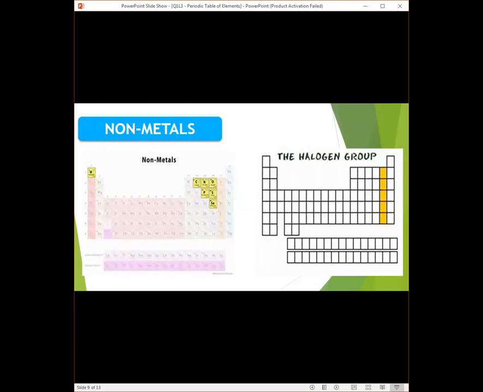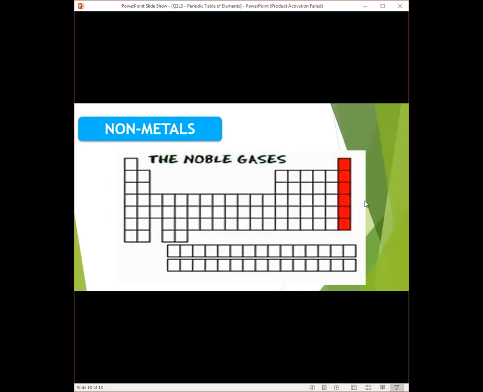These are the classifications of nonmetals. So we have the nonmetals in the hydrogen group. So we have hydrogen, carbon, nitrogen, oxygen, phosphorus, sulfur, and selenium. Then we have the halogen group, which includes fluorine, iodine, bromine, and we also have the noble gases.